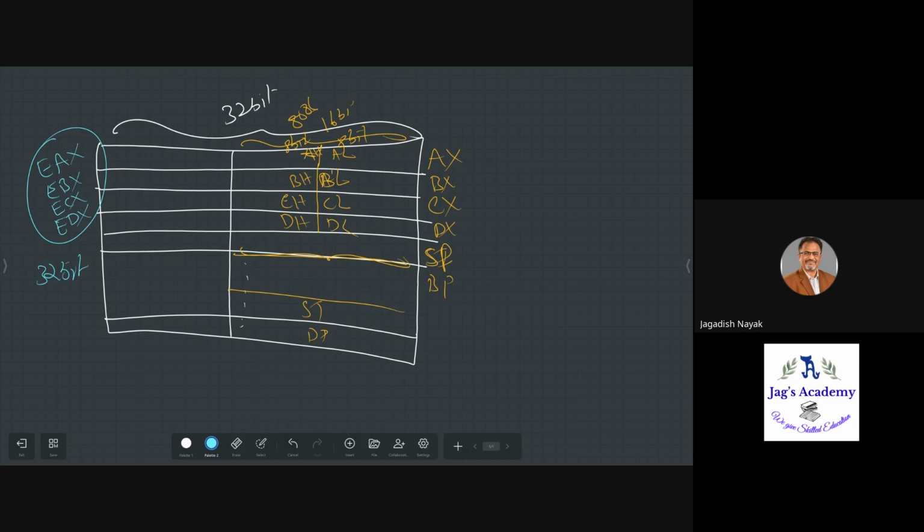Doing 32-bit mode of operation means using 32-bit registers. You can also use a 16-bit microprocessor like the 8086 for 32-bit mode of operation, in which case it will have 32-bit registers and possibly a 32-bit offset address.